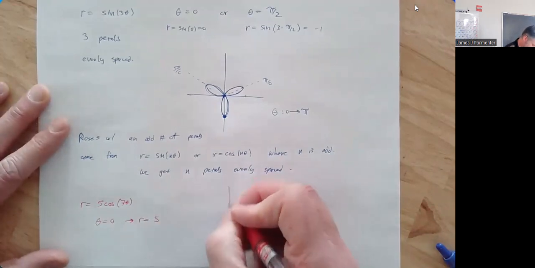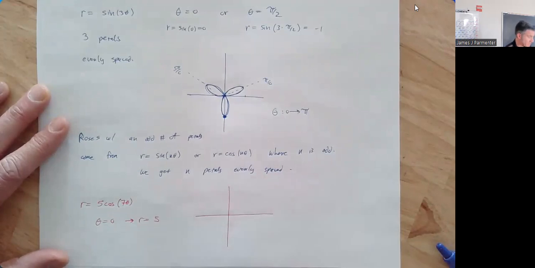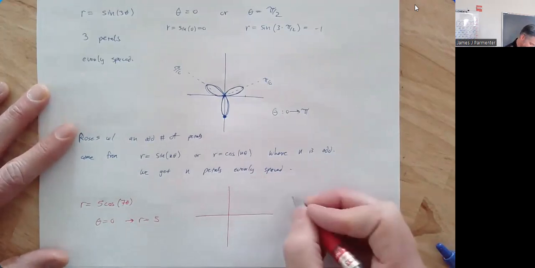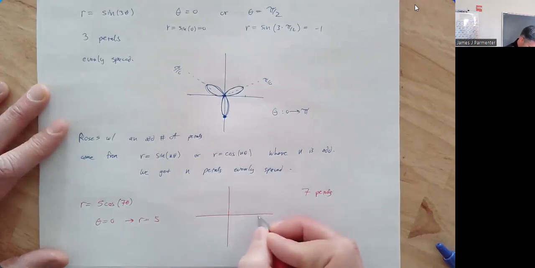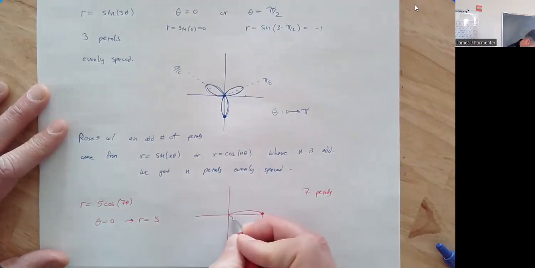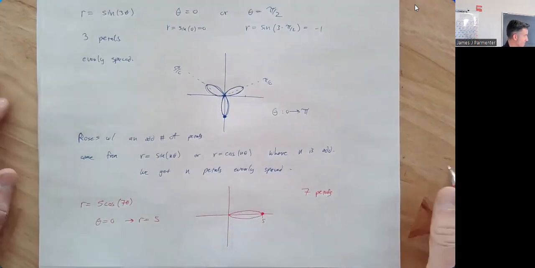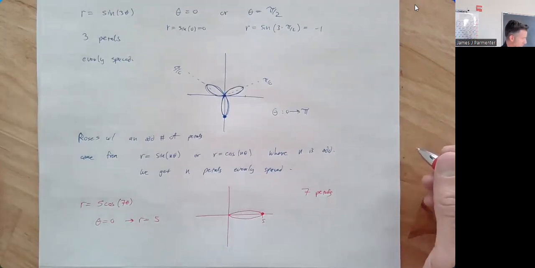So I know that my rose is going to have 7 petals, and one of them is going to be on the positive x-axis, right there. It's going to look kind of like that. And then the other 6 of them are going to be evenly spaced, and they shouldn't actually overlap on each other, like would probably happen if I tried to draw it.